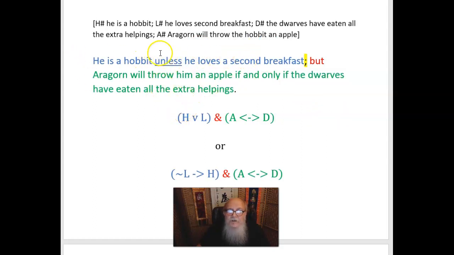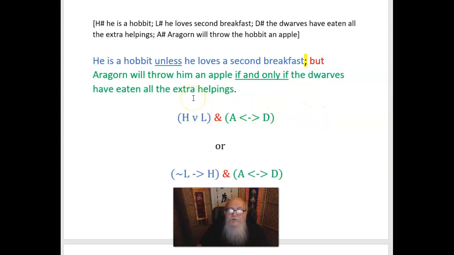So we have the unless as our operator there. And I said wherever you see an unless, you can just put a V. So either he's a hobbit or he loves a second breakfast, and then we come to our second part, and we look for the operator in it, and it's if and only if, which is the double arrow. So Aragorn will throw him an apple if and only if the dwarves have eaten all the second helpings.